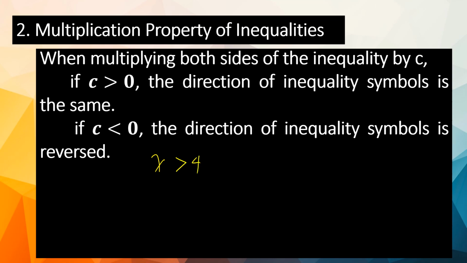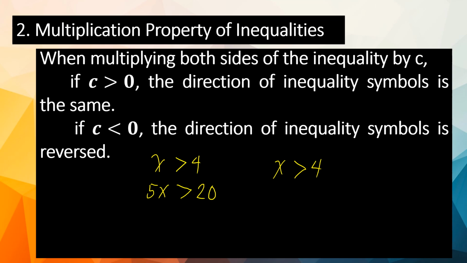If we multiply a positive number, let's say we multiply 5 to both sides of your inequality, this will become 5x, and for the other side, this will become 20. From the rule, if you multiply a positive number, your inequality stays the same. Now, what if we multiply a negative number?